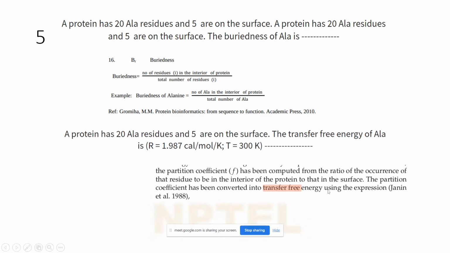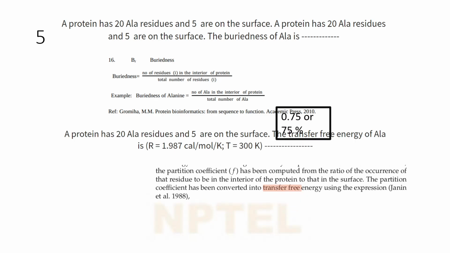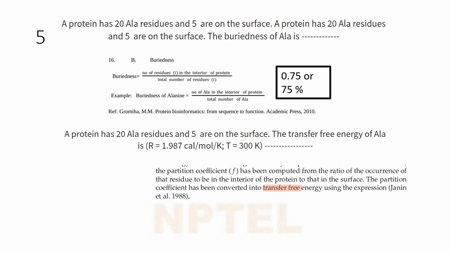Next, given a protein, can you calculate the transfer free energy? I have given the formula here as well. Using the formula, can you calculate the transfer free energy?